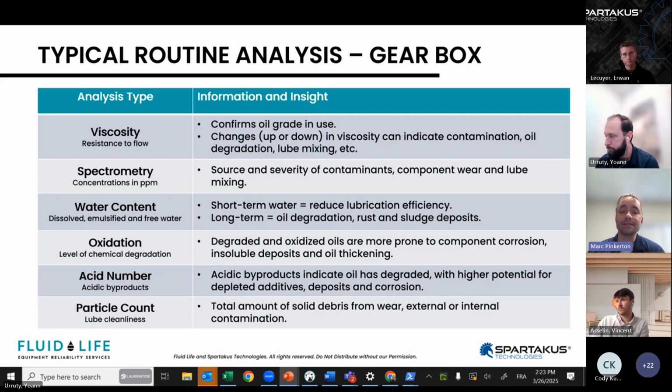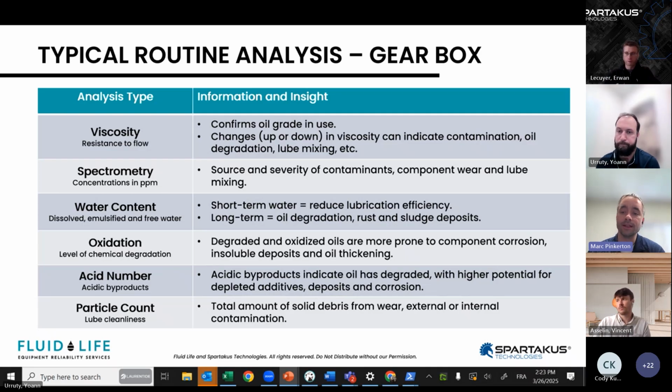We'll also measure acid number, which is the measurement of the concentration of those byproducts, right? Am I more prone potentially to have corrosive oil, or am I getting to a point where deposits are a reality for me? And then one of the most important ones is particle count.